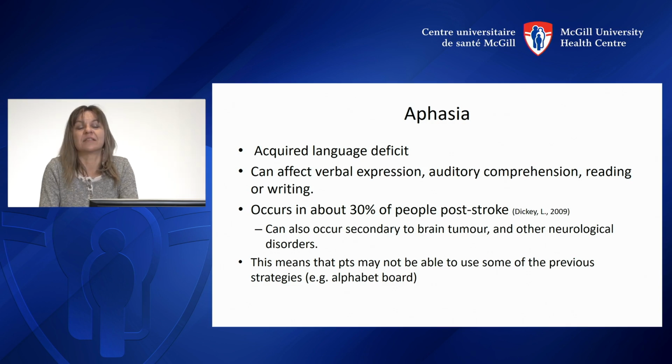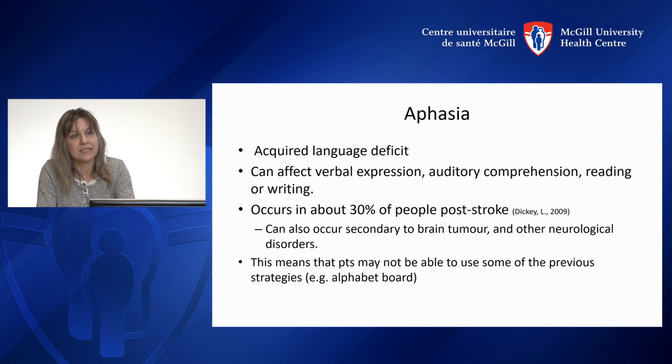One of the barriers that your patients can have could be aphasia. Aphasia is an acquired language deficit, and it can affect all spheres of communication. It can affect verbal expression, auditory comprehension, reading, and or writing. It occurs in about 30% of people post-stroke, but it can be also present secondary to brain tumors or other neurological disorders.